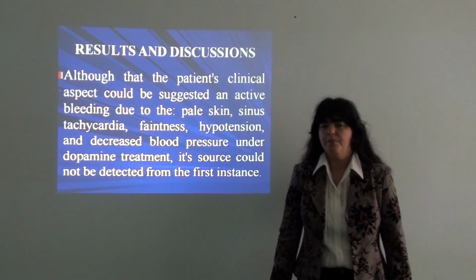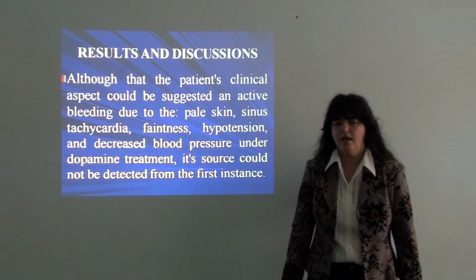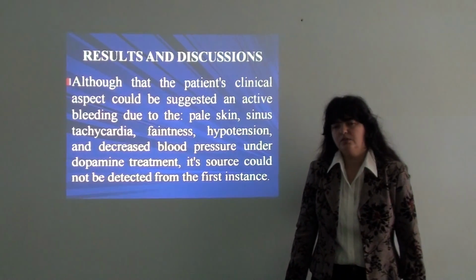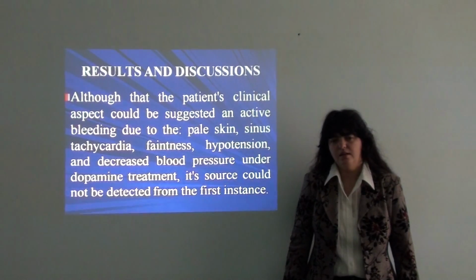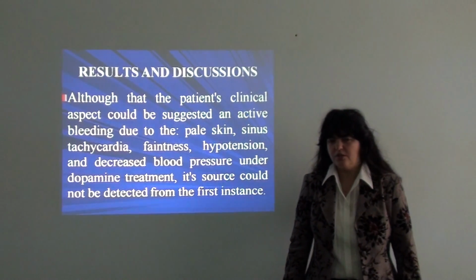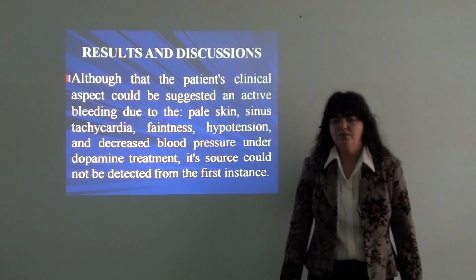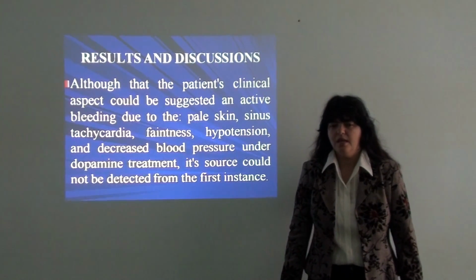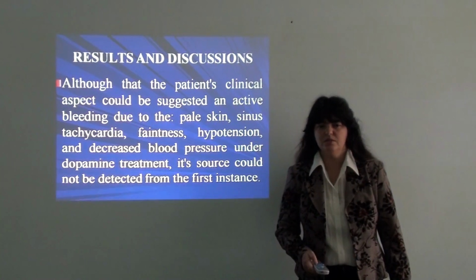Also, the patient's clinical aspect suggested an active bleeding due to the pale skin, sinus tachycardia, faintness, hypotension, and decreased blood pressure under dopamine therapy. Its source could not be detected from the first instance.